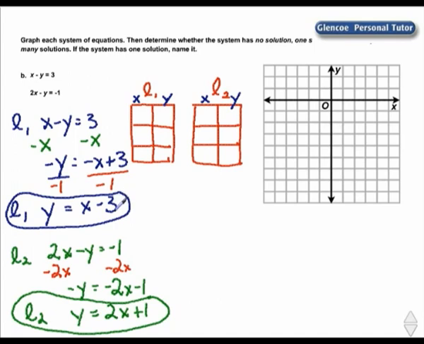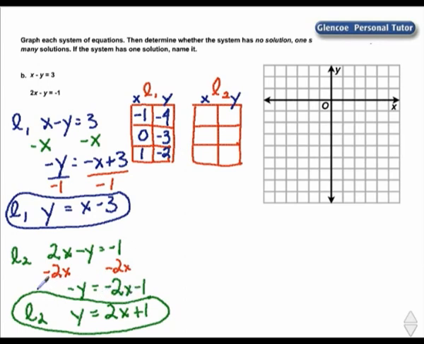Okay, for our line 1, I'm going to choose the x values of negative 1, 0, and 1. When I plug in a negative 1 for x, I will get negative 4. When I plug in 0, I will get negative 3. And when I plug in a 1, I get negative 2.